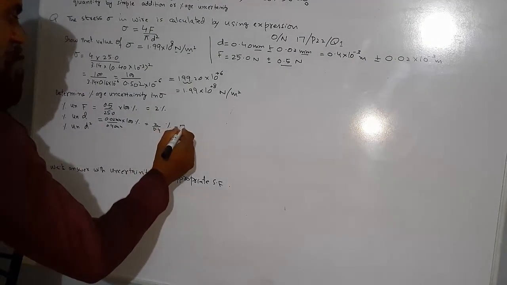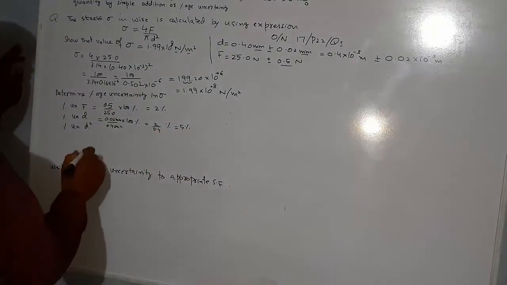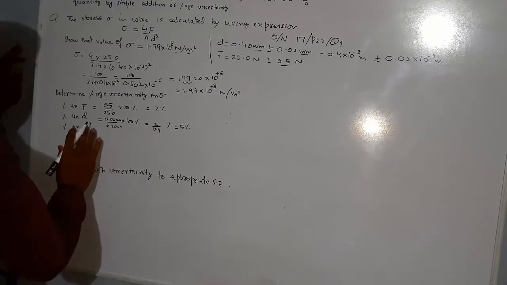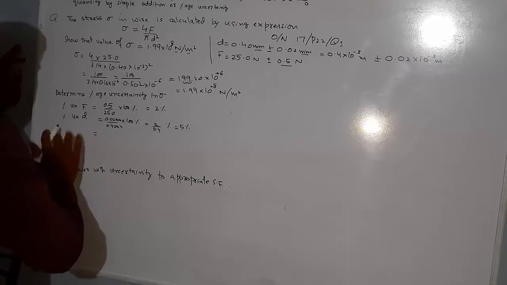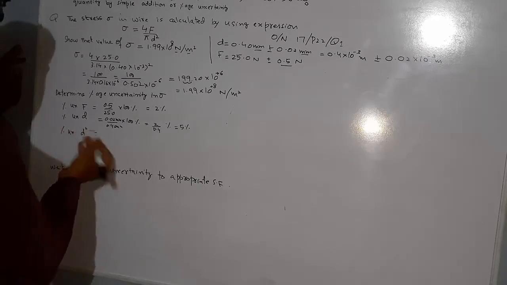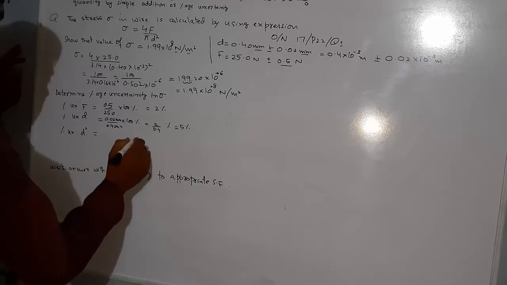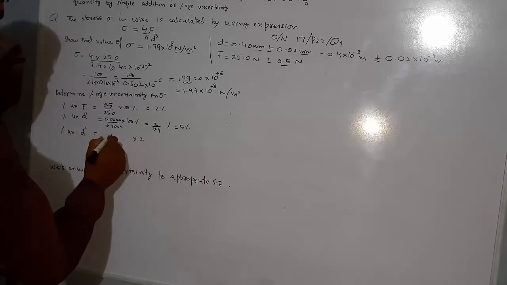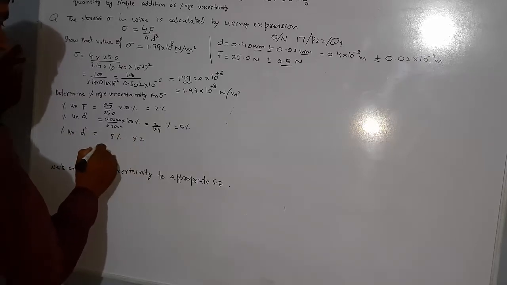So this will be 5%. So percentage uncertainty in the case of d square, percentage uncertainty in d square means power factor. So the power factor is 2 and percentage is 5%, so it will become 10%.